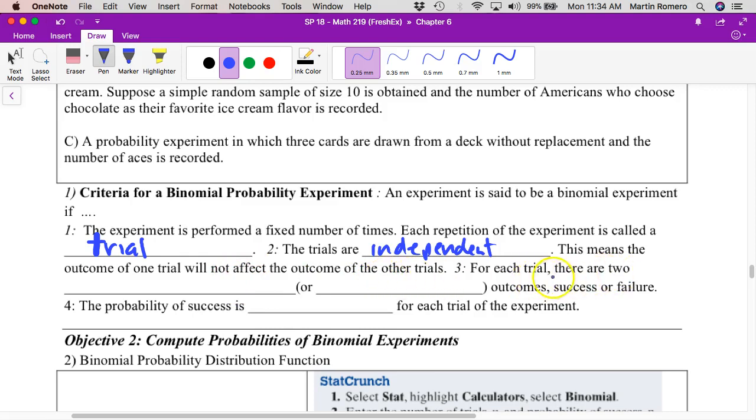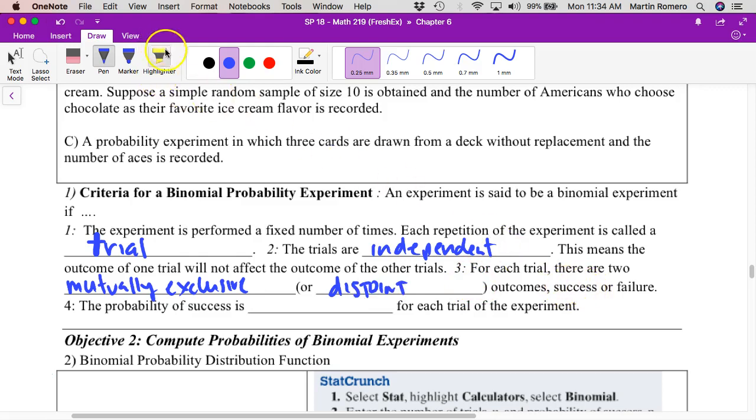For each trial, there are two mutually exclusive, or what we called in the past, disjoint outcomes.